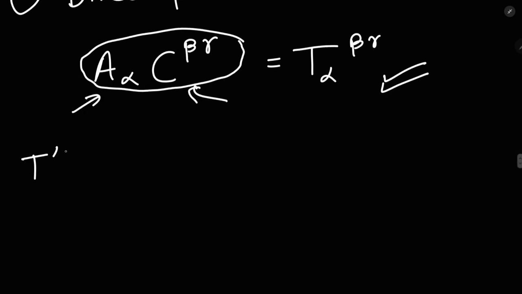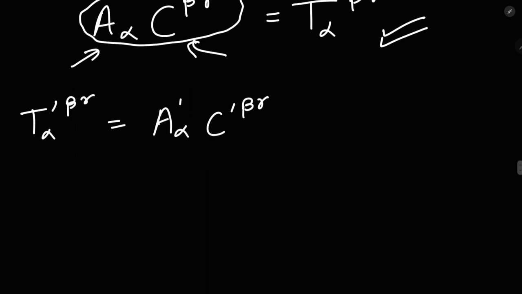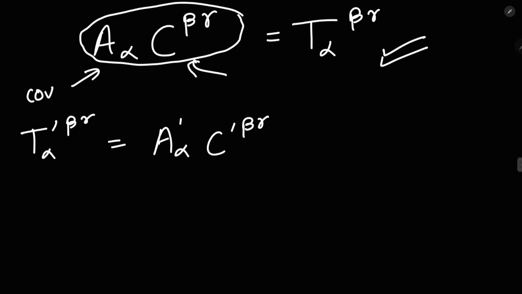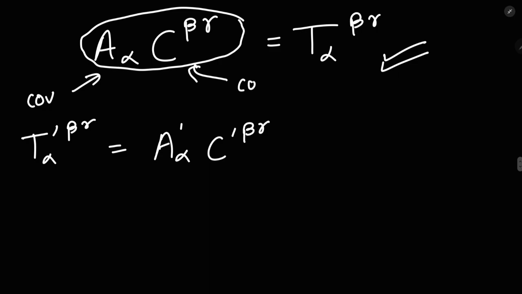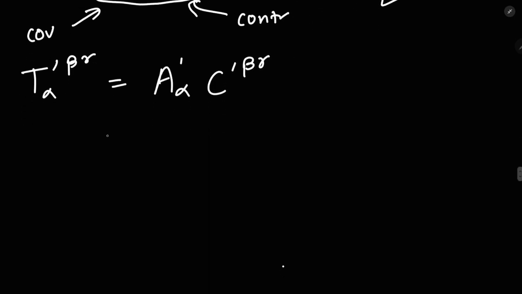So we have T prime alpha beta gamma is equal to A prime alpha C prime beta gamma, and we have been given that these two are tensors. This is a covariant rank 1 tensor and C beta gamma is a contravariant rank 2 tensor. So we'll write the transformation equation for them.